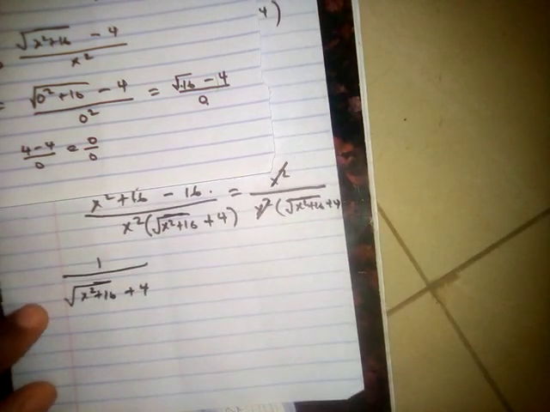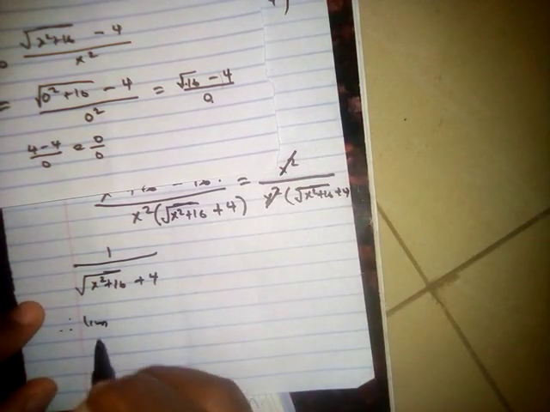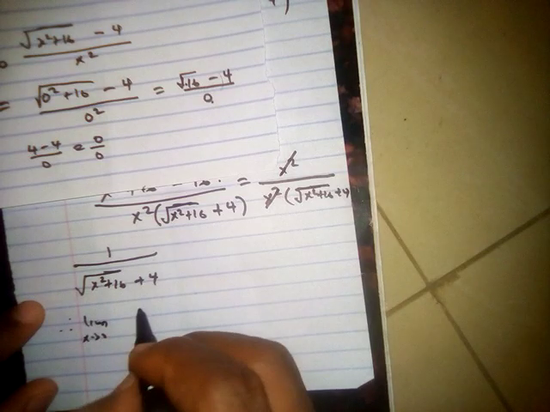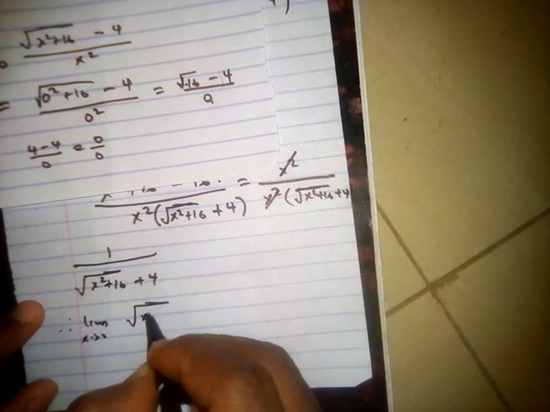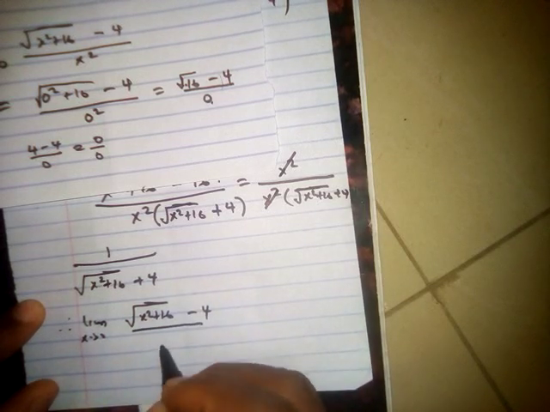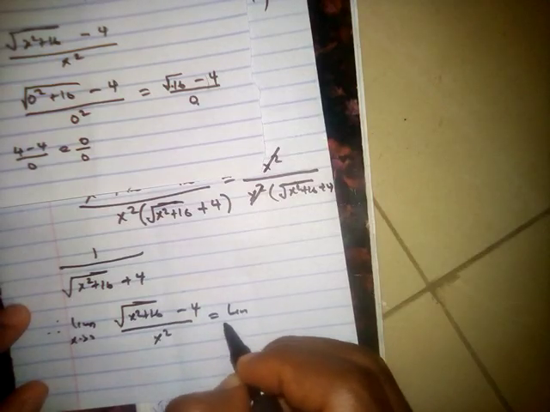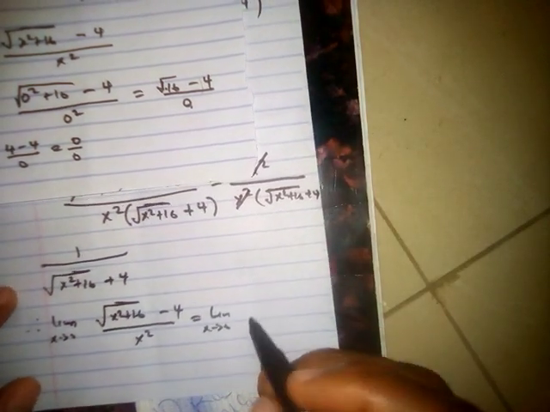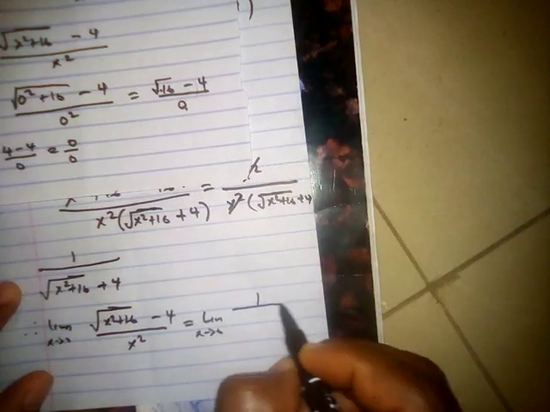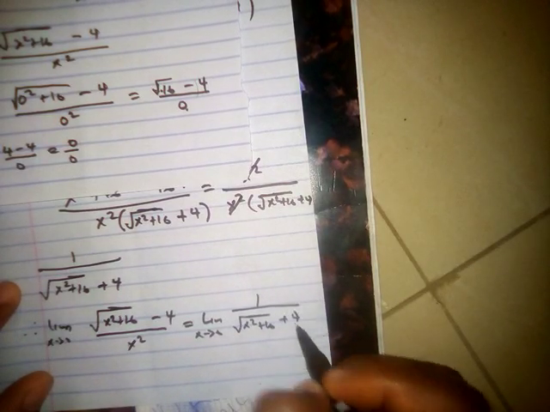Therefore the limit as x tends to 0 of the function square root of x squared plus 16 minus 4 all over x squared is equal to the limit as x tends to 0 of the function 1 over the square root of x squared plus 16 plus 4. So this is the same thing as this; we just simplified it to look like this.